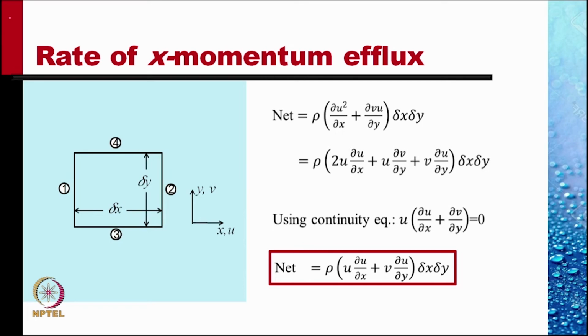Now, if we use the continuity equation that we obtained earlier, del u by del x plus del v by del y is 0. So, multiplying this by u, the first term and the second term cancel out, and so we get the net efflux as rho into u del u by del x plus v del u by del y into delta x delta y.